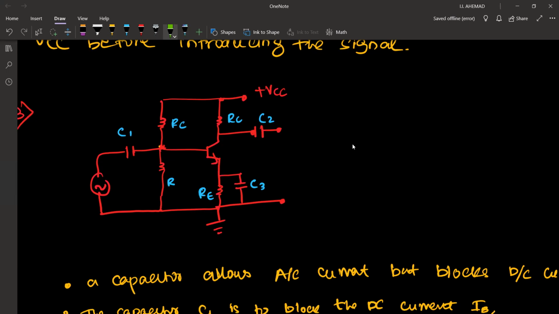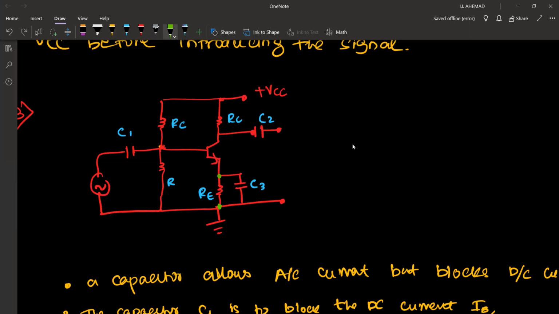Therefore, the current will start to increase. Now, when we have this capacitor, when it is charged, it will maintain a maximum voltage across this resistor, which will block the increasing of current.